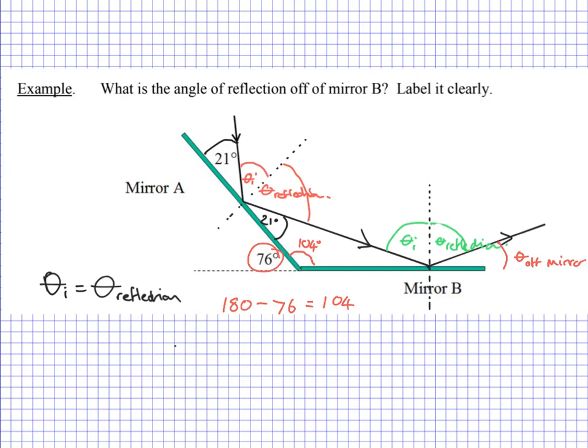The angles inside the triangle total 180, so I'm going to subtract 104 and also subtract 21, and that should give me this angle here, let's use blue, let's call this angle 3. It's the third angle in my triangle. So that's going to equal angle 3. If I do that, I get 55 degrees.